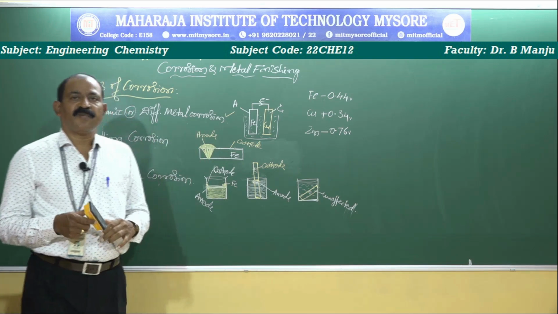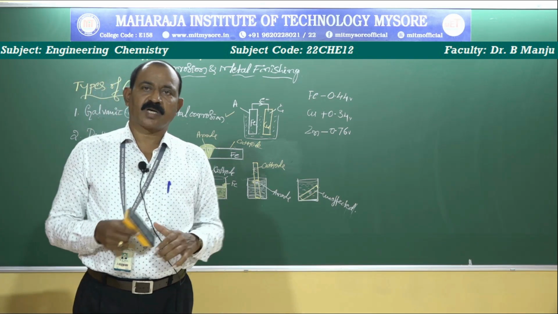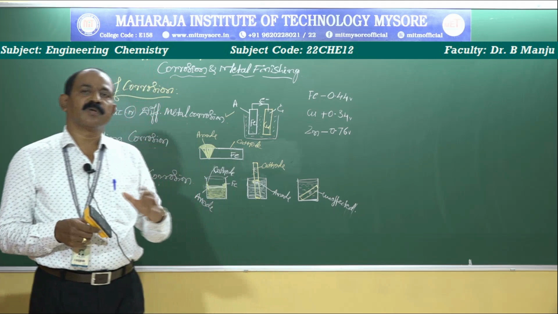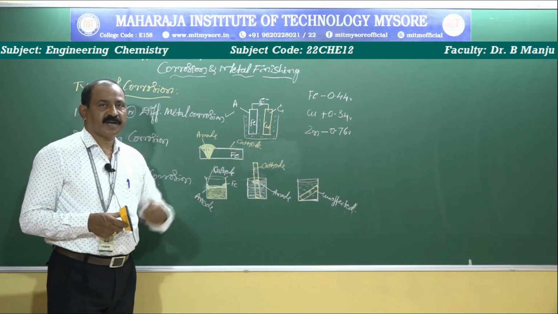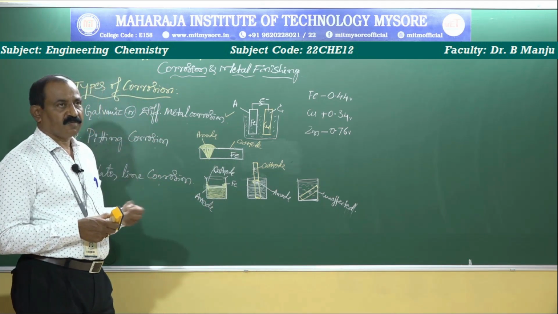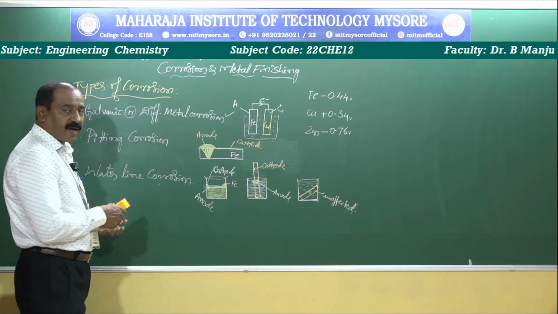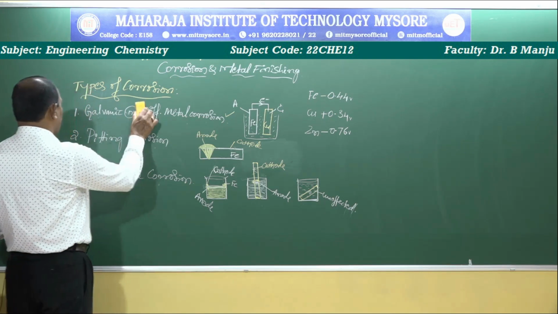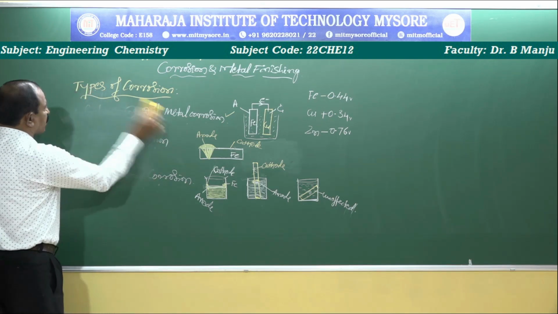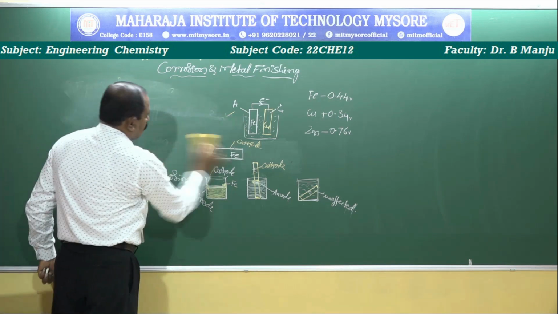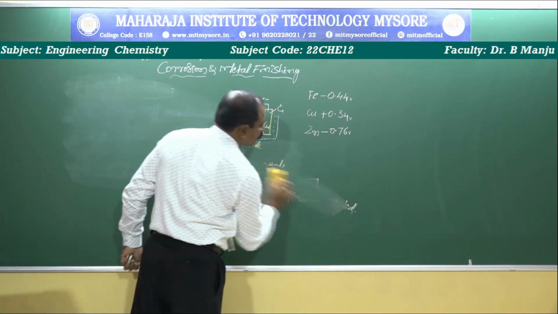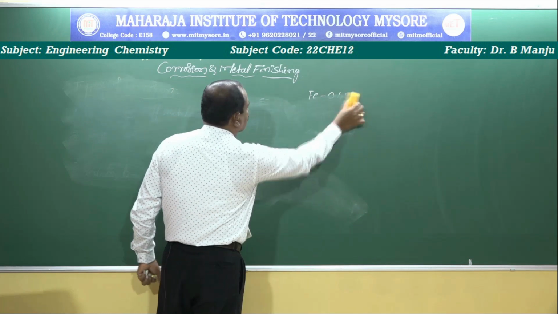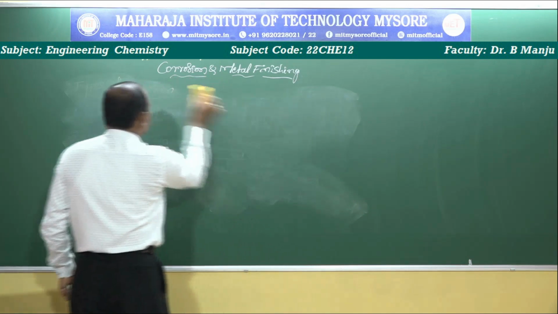Next I'll go for factors affecting the rate of corrosion. What are the variable factors that influence the rate of corrosion? There are 5 important factors, and I'll take up those 5 important factors. Factors affecting the rate of corrosion.